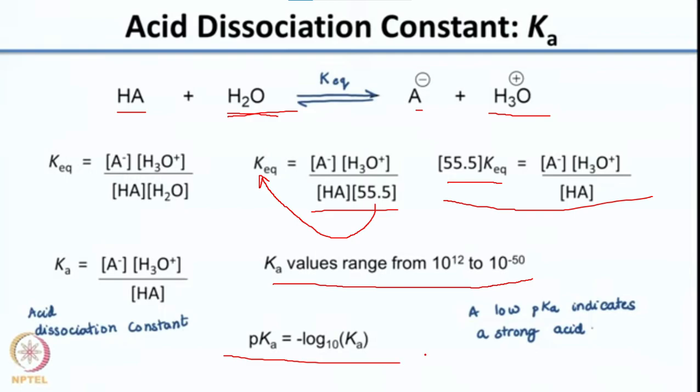So if the pKa value is low, that indicates that the acid is very strong. So the lower the pKa value, the more the acidity of the reactant, right? More the acidity. So you can remember this point. Whenever you observe a low pKa value, that means that particular acid is a very strong acid.